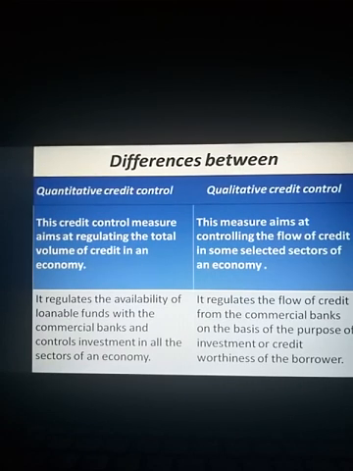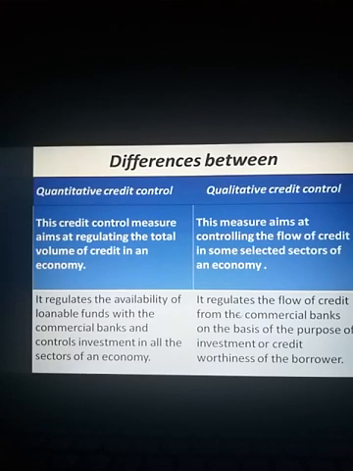In the same way, when loanable funds of the commercial banks get affected, it controls the investment in all the sectors of an economy. This is what we have learned under BRP, SLR in our previous classes. As this quantitative technique affects the loanable funds of the commercial banks, investment, employment, and income get affected.